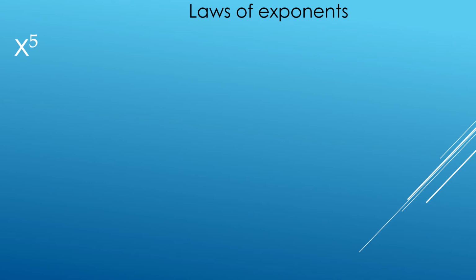So I have here x to the 5th power divided by x to the 2nd power. So we are dividing. Now, again, just following what the exponent tells us, it means that the numerator, since it is raised to the 5th power, we can expand this by multiplying x 5 times. Okay?